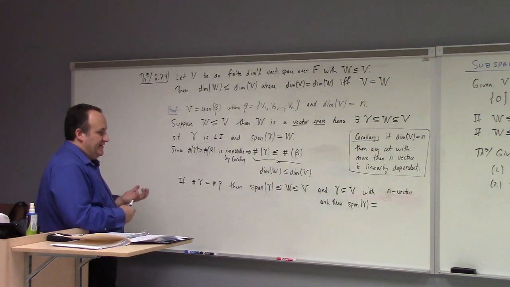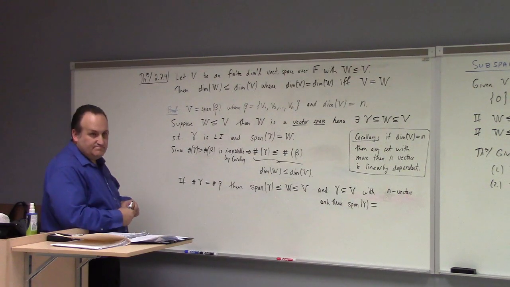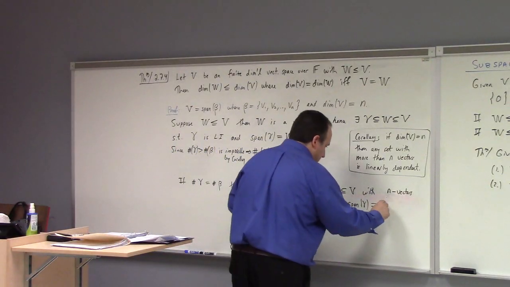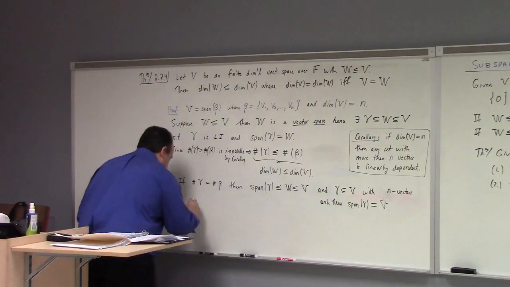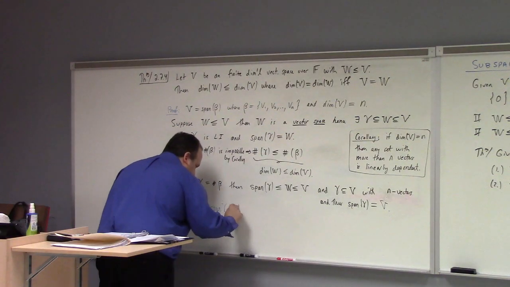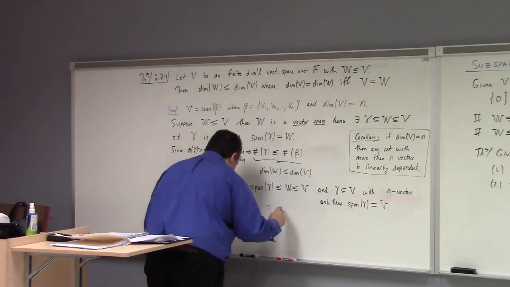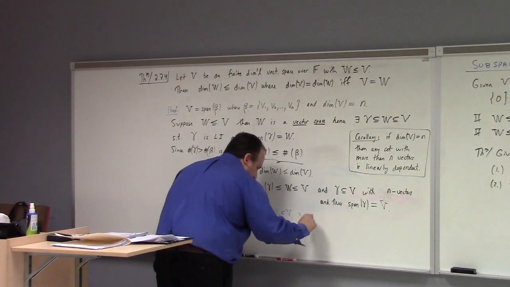I argued that has to be V. What happens if it's not V? So like if span gamma is not equal to V, then there exists x naught in V, x naught not in the span of gamma, right?